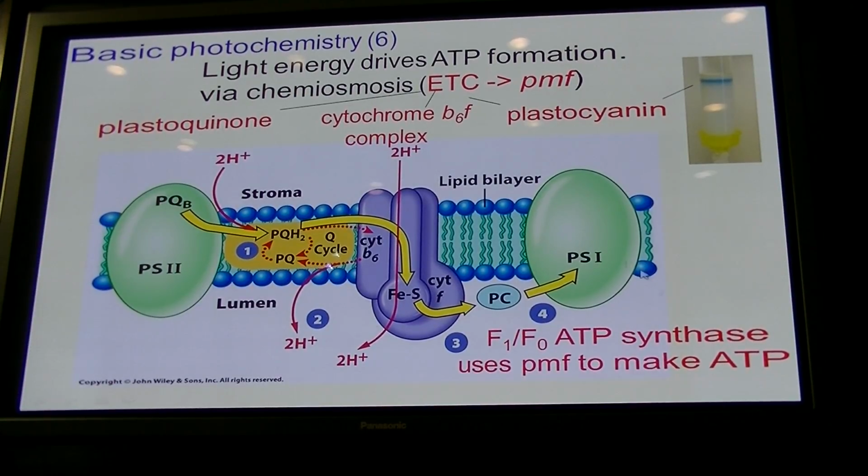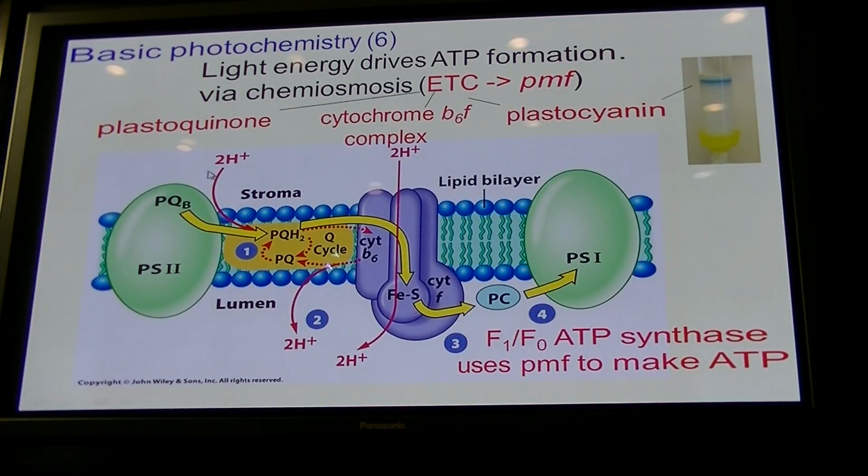They have the same cofactors. So the way this works is as the quinone donates its electrons to this complex, protons are moved across the membrane. Because the protons were taken from the stromal side when plastoquinone was reduced, and they're donated here to the thylakoid lumen side.